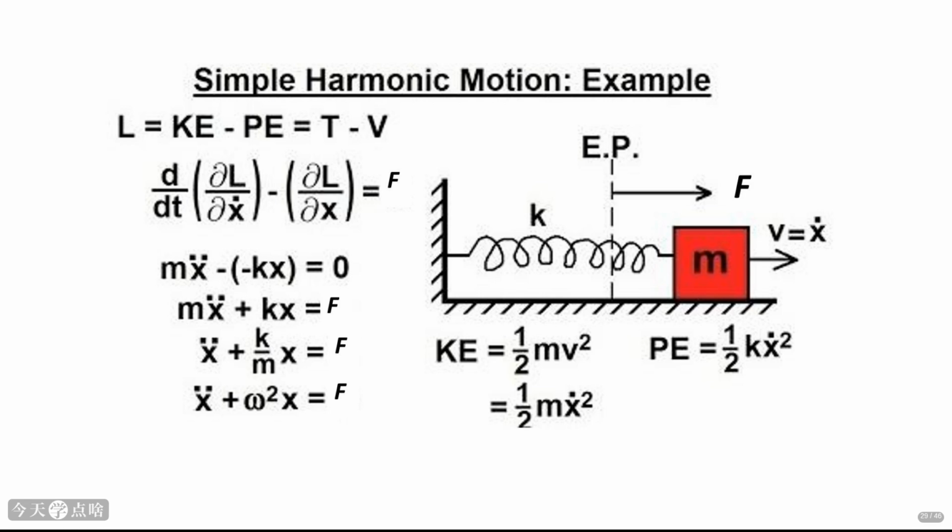Plugging this into the Lagrange equation d/dt of the partial derivative of L with respect to ẋ minus the partial derivative of L with respect to x equals 0, we get m ẍ plus kx equals 0. This is the familiar equation of motion for simple harmonic motion. The natural frequency, omega squared equals k divided by m, emerges naturally from the energy formulation. It's a neat demonstration of how the Lagrangian method works.